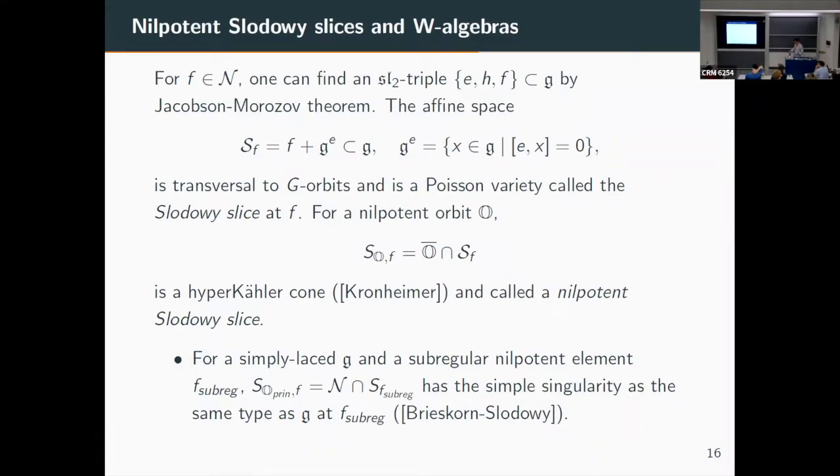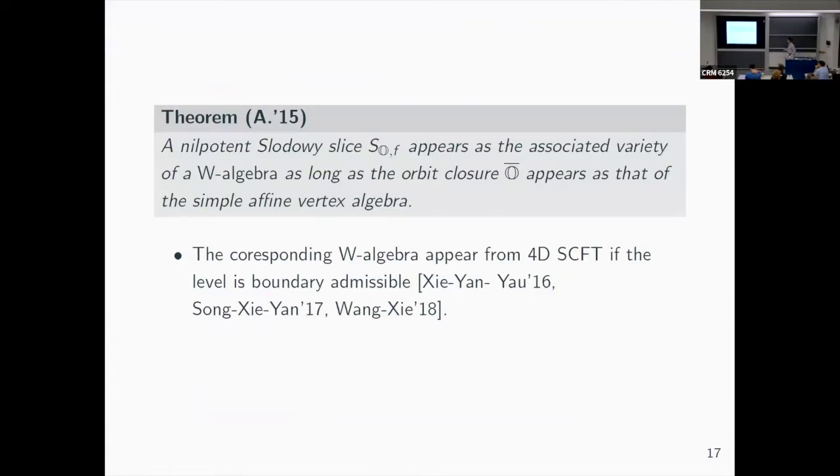And the statement is that this nilpotent Slodowy slice appears as the associated variety of a so-called W-algebra. So I will not explain too much. As long as the orbit closure appears as that of the simple affine vertex algebra. In particular, at an admissible level, this kind of Slodowy slice does appear as an associated variety.